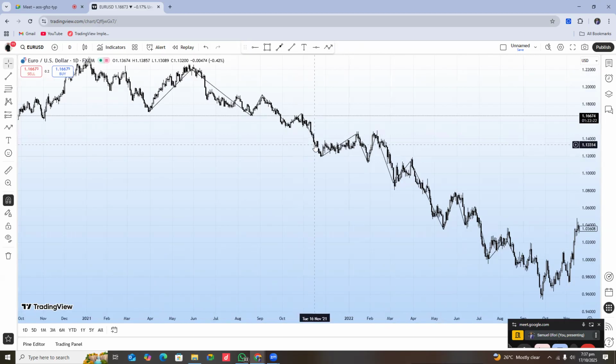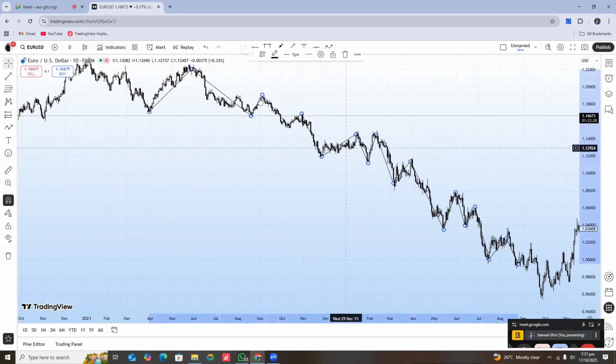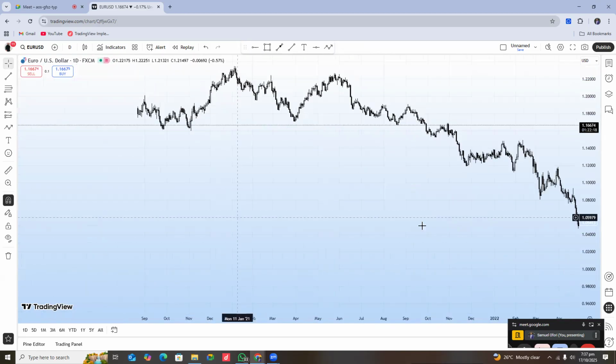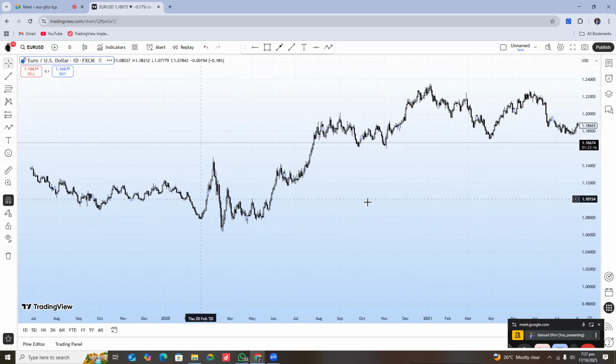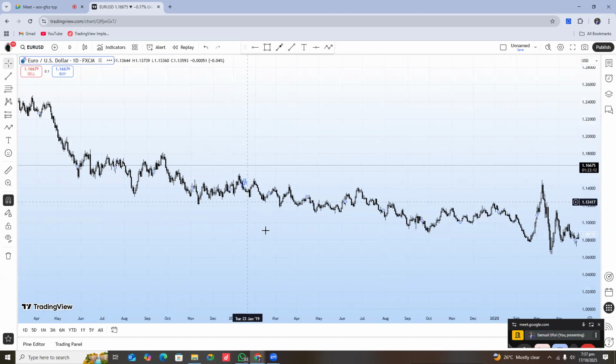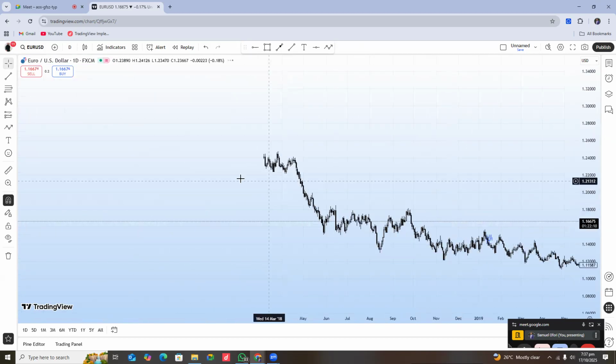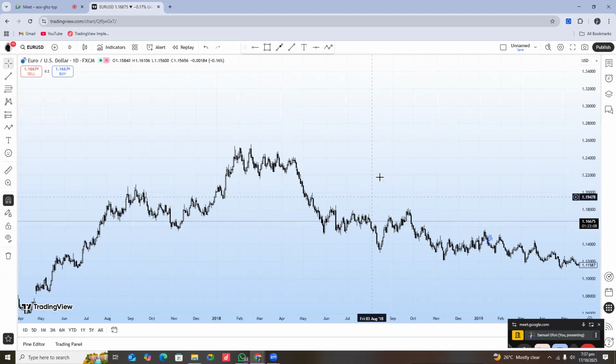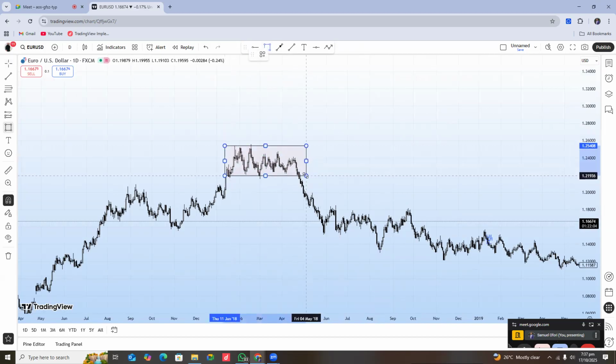All right, so now let's try and see if we can find the other structures. The ranging and the choppy markets don't really happen much, so sometimes it's hard to identify them. However, this part tried to consolidate, so you can see that we have one, two equal highs here, and one, two equal lows here.